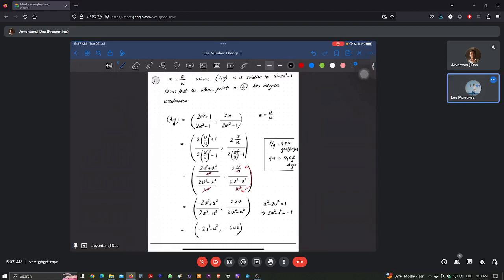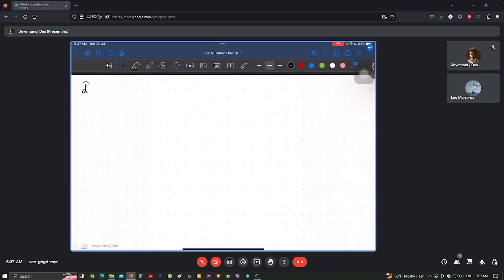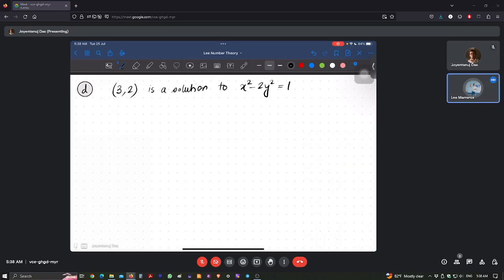Fine. Okay, let us move to part D. So part D, what they are saying is, you can see that (3, 2) is a solution to x square minus 2y square equals 1, right? So 3 square is 9 minus 8, so that is a solution.